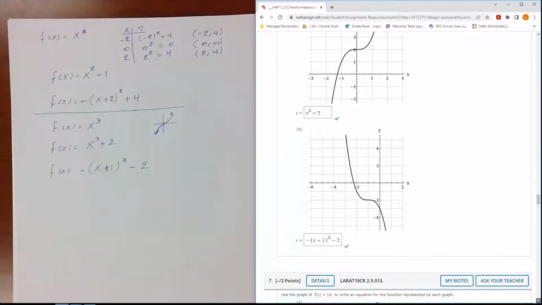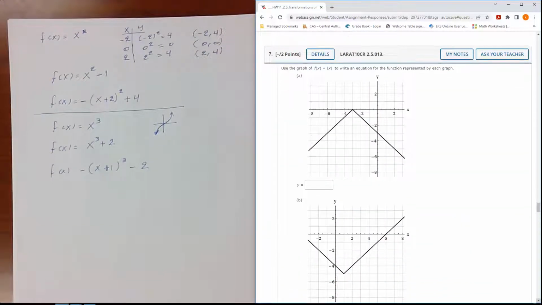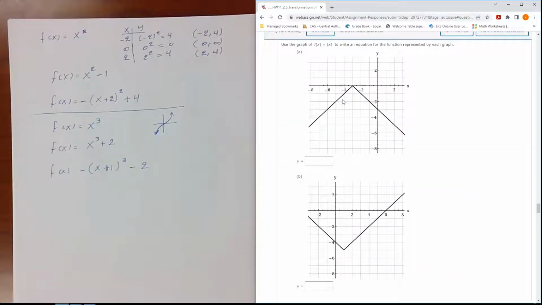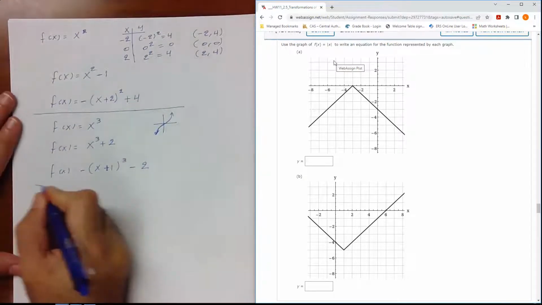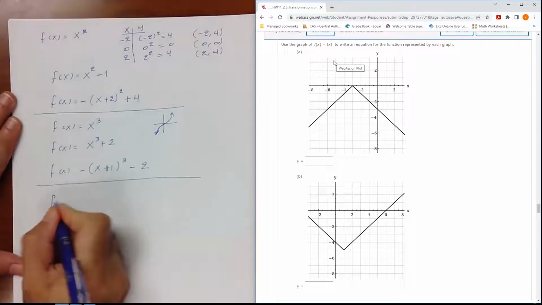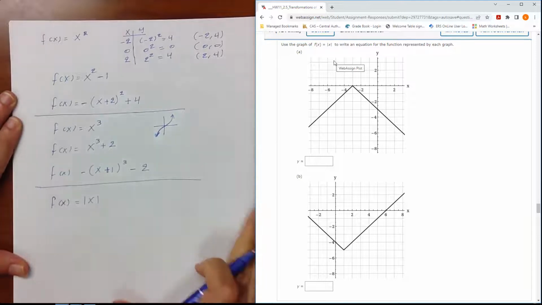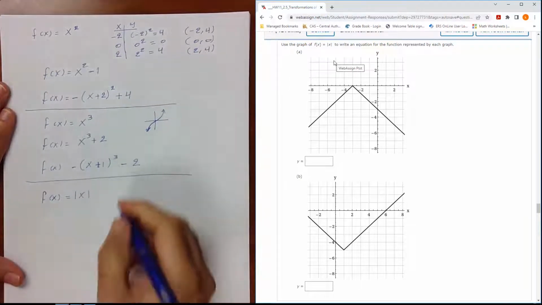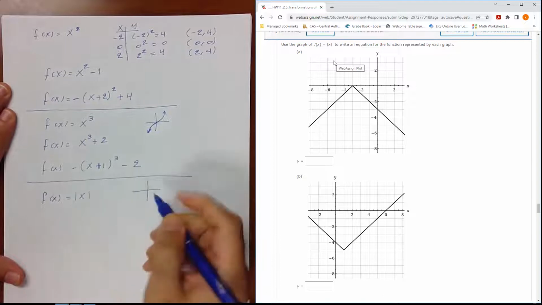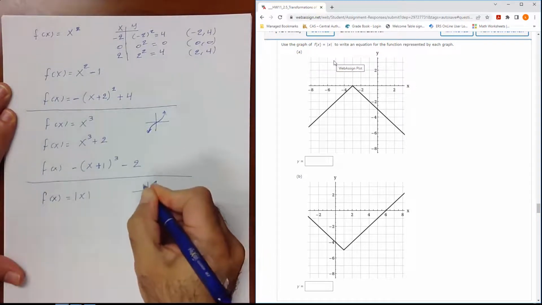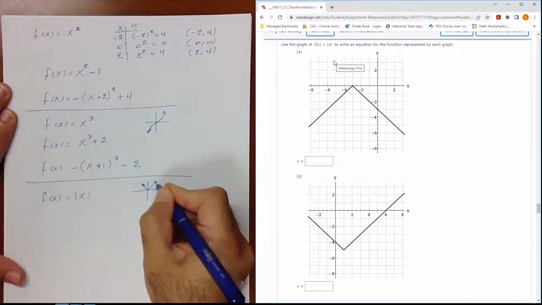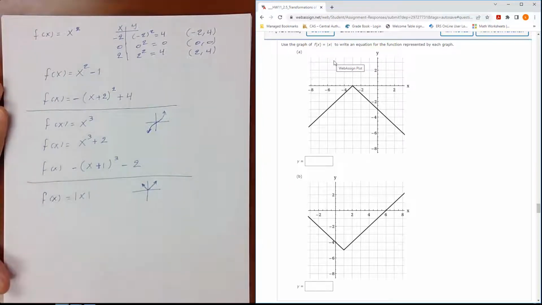The next graph, they already give you the graph. The basic function is the absolute value of x. So f of x is the absolute value of x. I already know from the previous section, the graph of this function looks like a V. So the graph of the basic function does look like this.